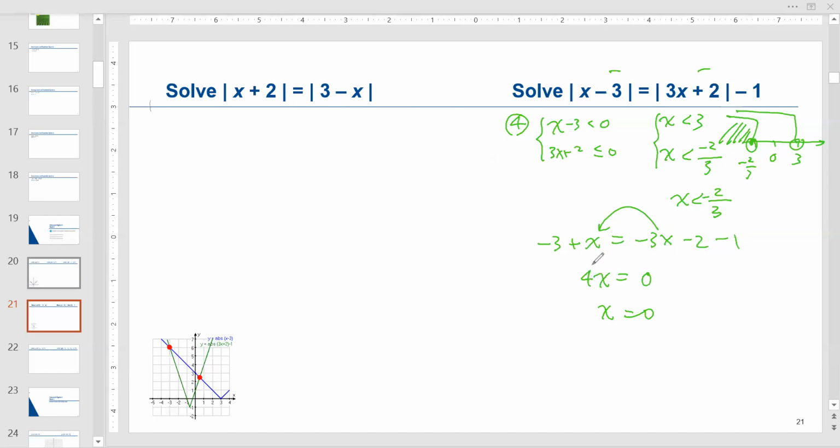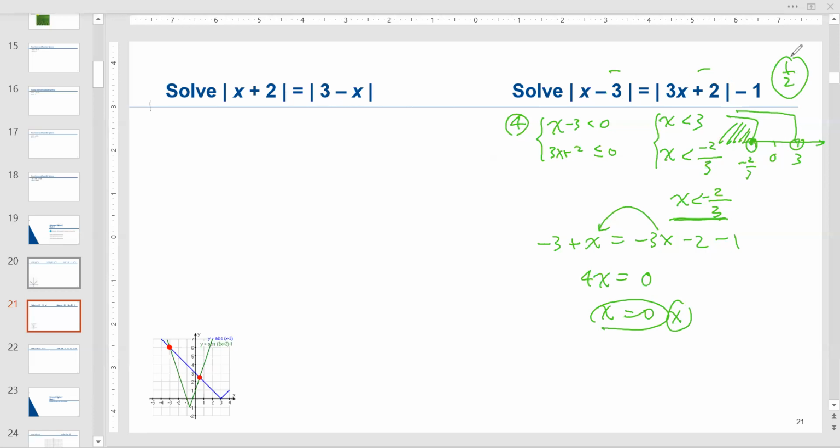So here I got 4x, right? And moving negative 3 to the right part is 0, x equals 0. But at the same time, they require x less than negative 2 over 3. So this one is not a correct answer, right? So overall, this one only has one answer up to now. We got the first one, which is the half, right?